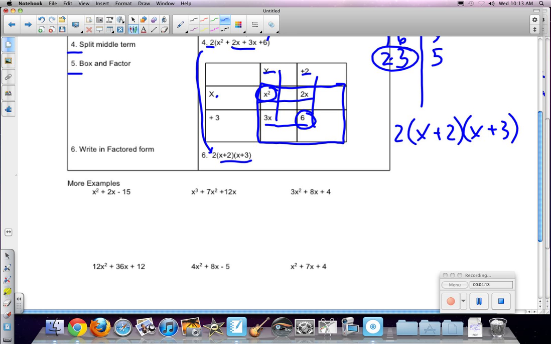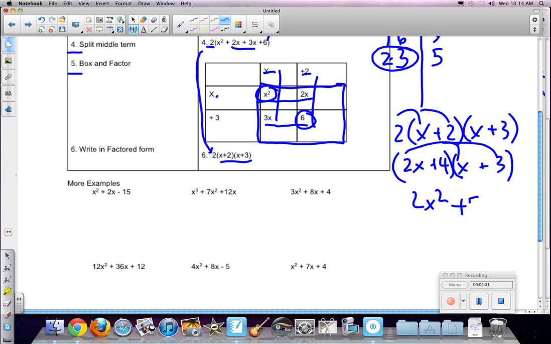Okay? And you can do it whichever way you want, but I can distribute that in, and I would say 2x plus 4 times x plus 3. That ends up being 2x squared plus 2x times 3 is 6x plus 4x plus 12, which ends up being 2x squared plus 10x plus 12.